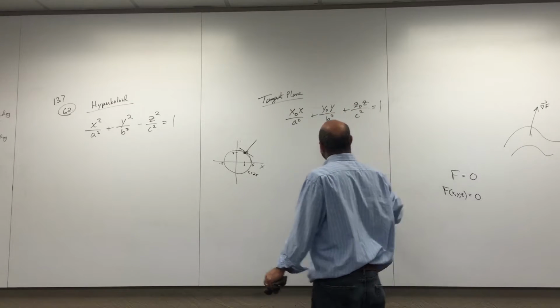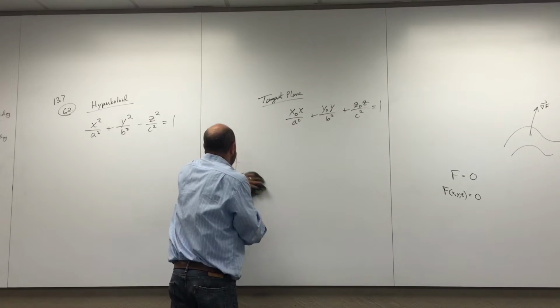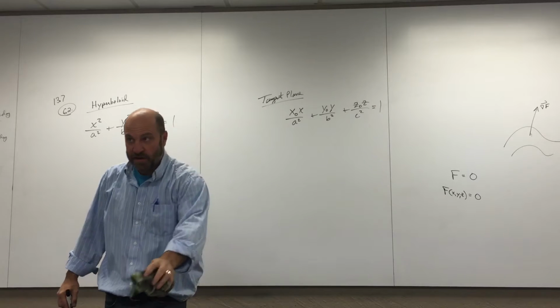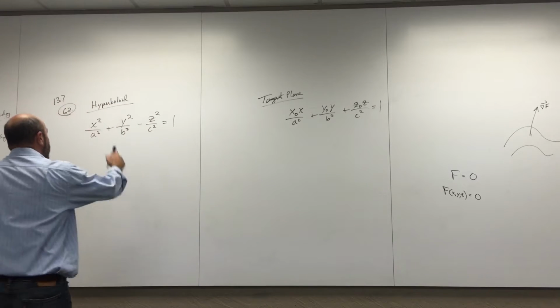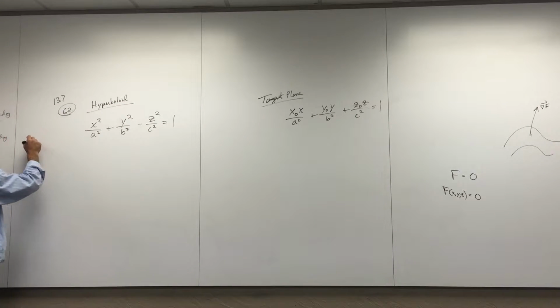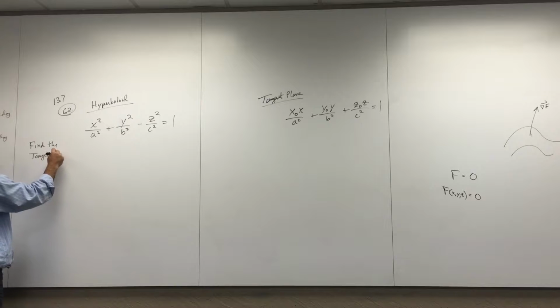Wow. That's going to be the tangent plane. This is very abstract and strange looking. We're going to find the tangent plane, and that's supposed to be the result over there. So we're kind of proving this. Find the tangent plane at x naught, y naught, z naught.